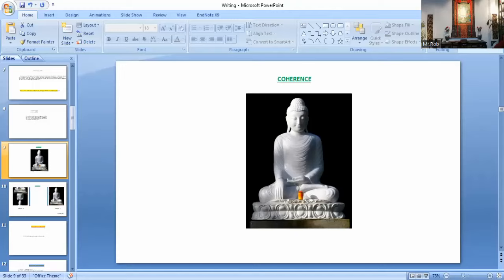So coherence means, if you take an analogy of this Buddha statue and its parts with the essay you write, or in the speaking section the words or sentences or ideas you speak, they should be like in version 1.